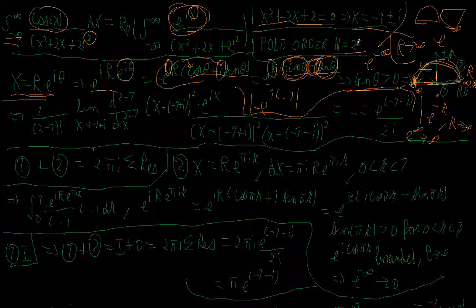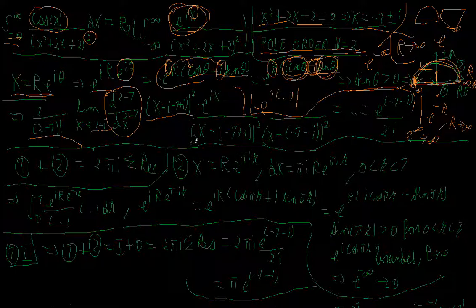So if I calculate my residue, as said, I have a pole of order n equal to 2, so I need to use the formula for poles higher than degree 1. So I just plug in 2 instead of n, so I have 1 over (2 minus 1) factorial times the limit as x approaches my pole, so minus 1 plus i, because minus 1 minus i is not inside, times the first derivative, okay, because it is the 2 minus 1 derivative, so 1, of (x minus my pole) squared, times my function, okay.